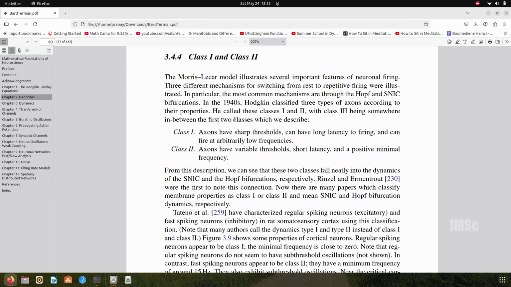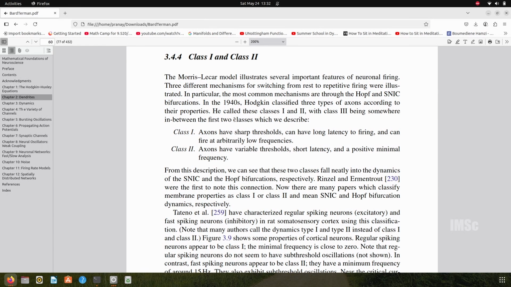In class 2, axons have variable thresholds, short latency, and there is a positive minimal frequency. It is band limited. The frequency of this neuron is band limited. Okay. So, that is the difference between class 1 and class 2 neurons. Rinzel and Ermentrout were the first to note this connection. The description of these two different classes of neurons was by Hodgkin in the 1940s.